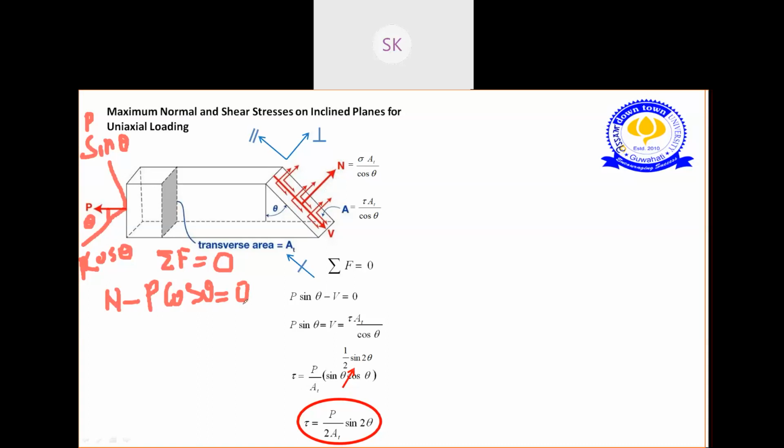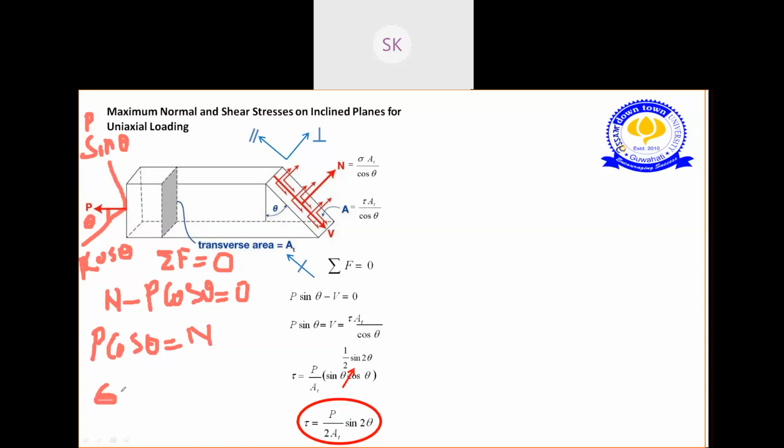Till here understood? Hello? This one is clear? Yes, ma'am. Okay. So you can write N equals P cos theta. Now we know N is how much? Sigma AT by cos theta. So put the value of N as sigma AT by cos theta, and P cos theta is here.